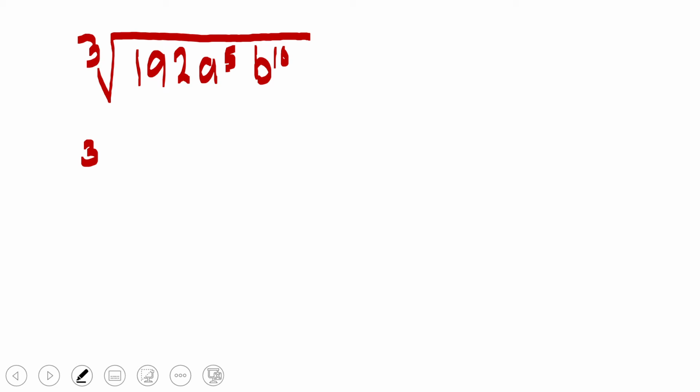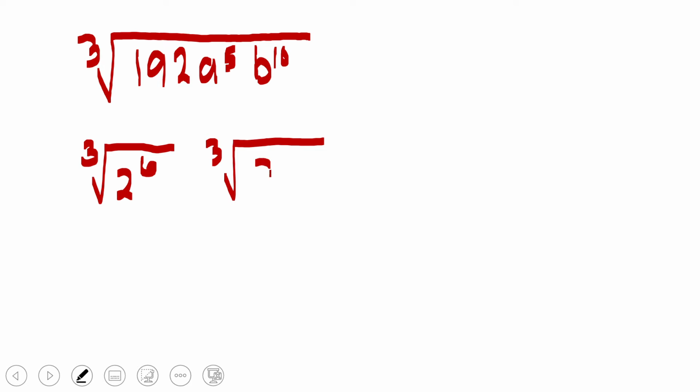Well, we can break this apart into these parts. If we take 2 to the 6th power and multiply it by 3, then we have 2 parts that comes back to 192.